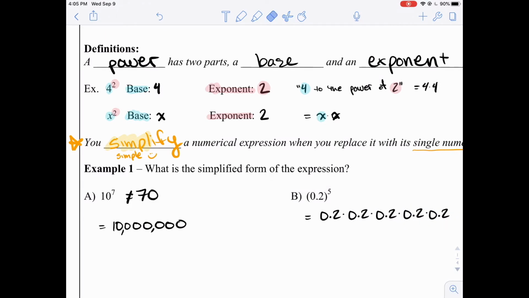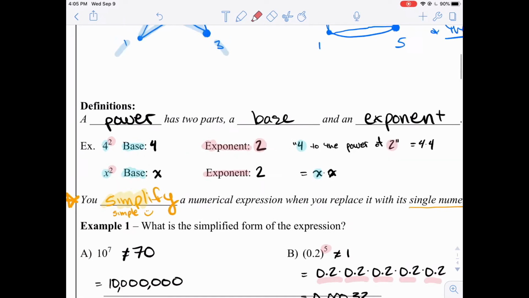Which is the same thing as 0.00032. Notice, this is not 1, because this does not mean 0.2 times 5. It's 0.2 times itself 5 times. 1, 2, 3, 4, 5. Okay, we're going to move on.